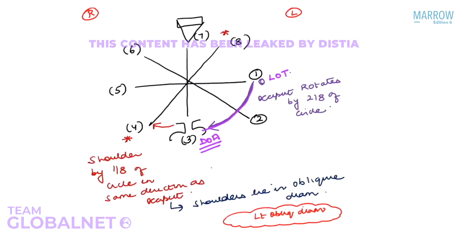So I want all of you to look at the red arrow on the image which I have drawn. So shoulders are rotated only by 1/8. Now, when you rotate the shoulders by 1/8 in the same direction as the occiput, in which position is the shoulder lying? Now the shoulders are going to lie in position number 4 and in position number 8.